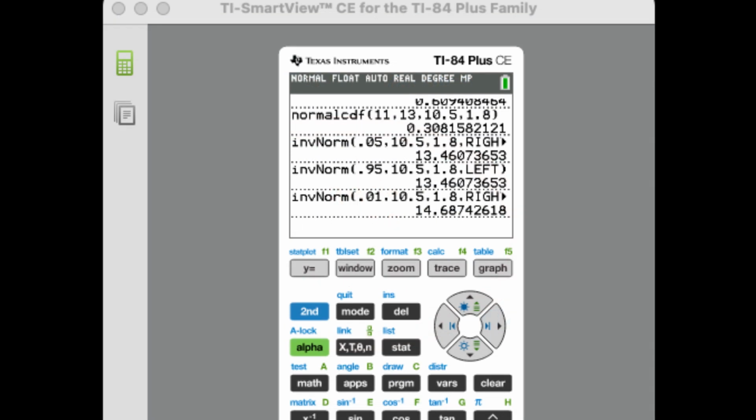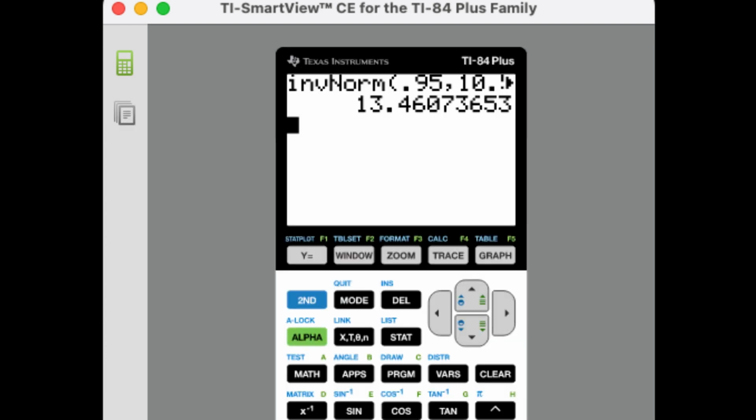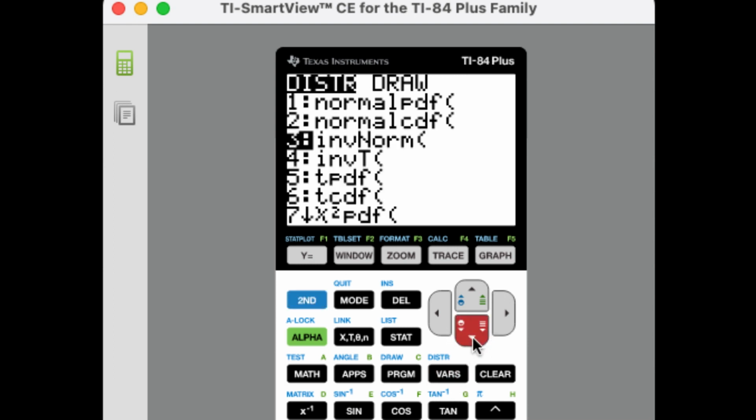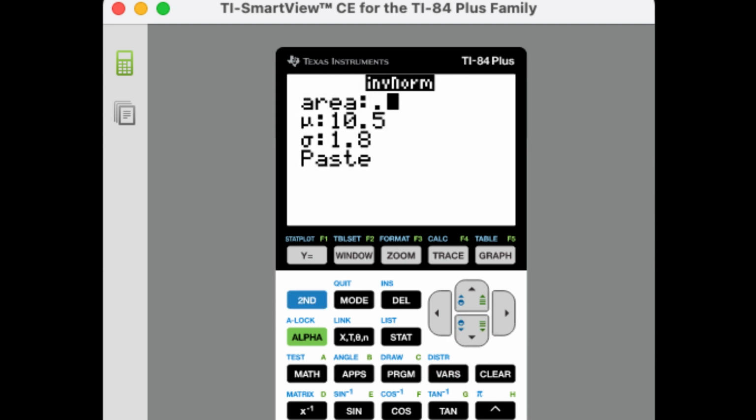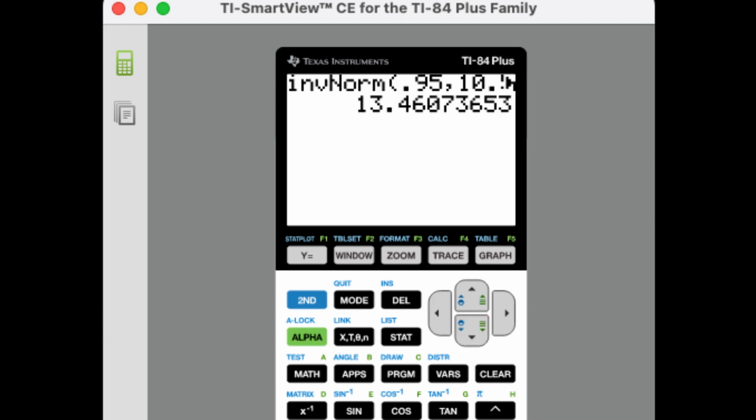So let's change our calculator. We're going to change this up. What if I had the other one? All right, let's try that one out. We're going to say second distribution, inverse norm, 0.99. Paste that. Don't you get the same answer, 14.7?